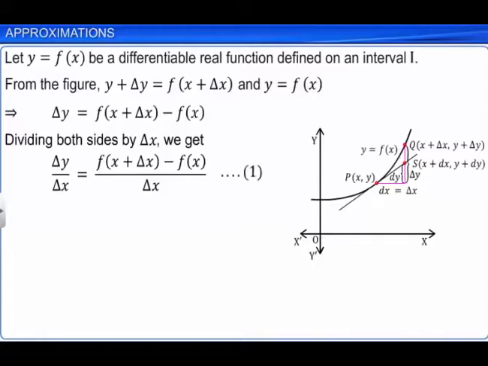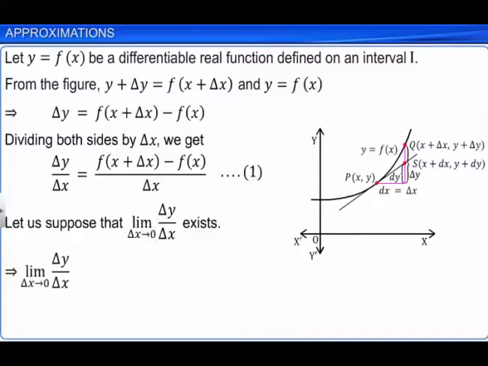Assume that limit of delta y upon delta x exists as delta x tends to 0. So, applying limits on both the sides of equation 1, we get limit of delta y upon delta x as delta x tends to 0 is equal to limit of f of x plus delta x minus f of x, whole divided by delta x, as delta x tends to 0, using first principles.